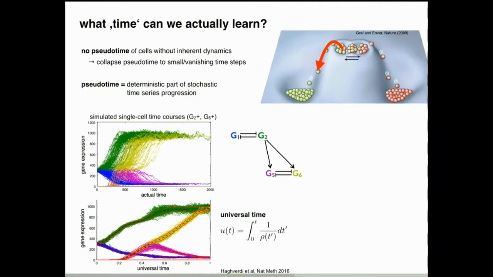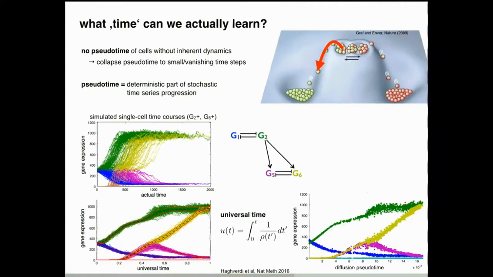We call this universal time, and if you apply pseudo-temporal estimation to just snapshot data, you get exactly that picture. So this is the only thing we can estimate. We can never estimate stochastic exiting, except with additional information such as real time. So that's the minimal thing we can do.